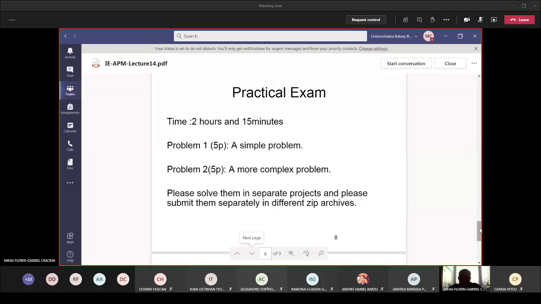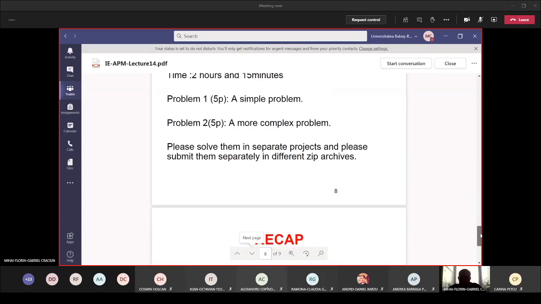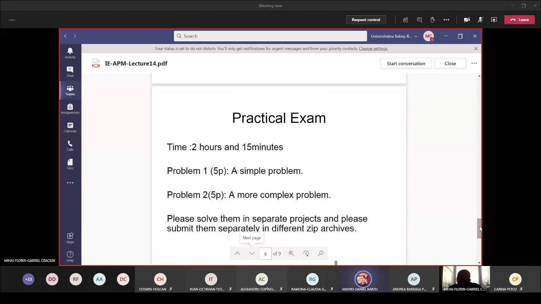Okay? So we need 2 different projects that we zip and send? Yes. This is again useful for you. Why? Because if you make some mistakes, those mistakes will not affect what you have done previously.